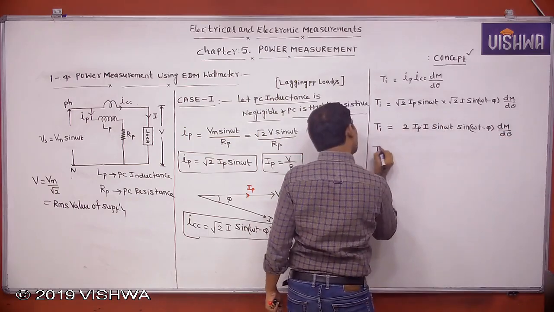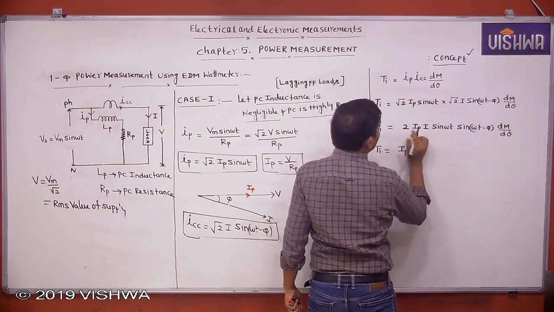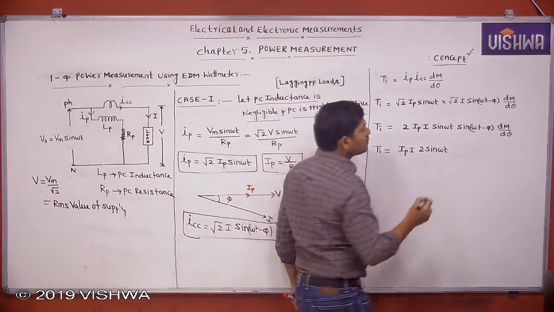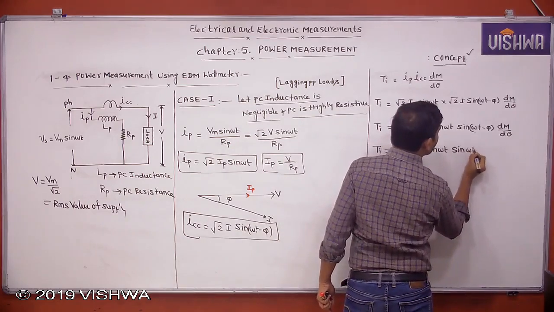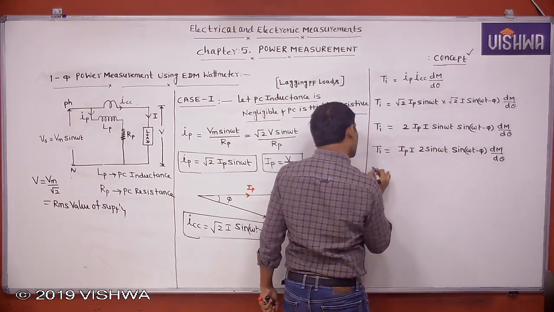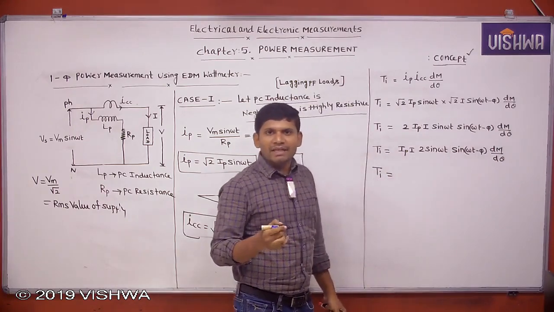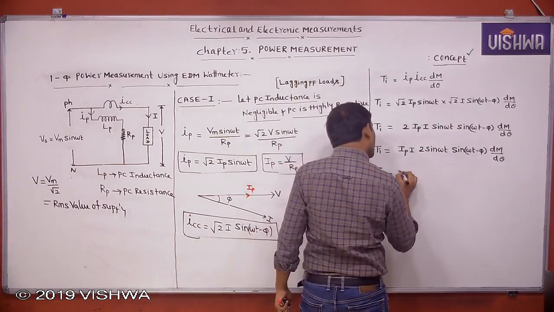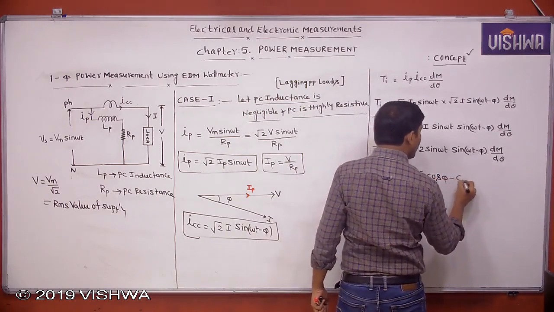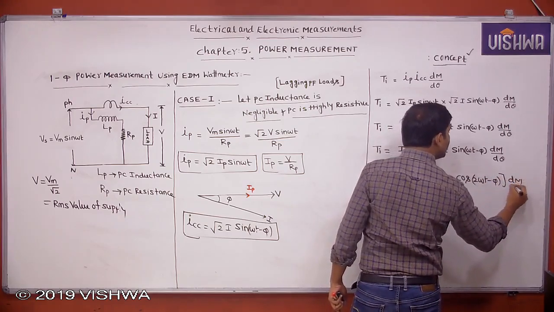Using 2 sin A sin B equals cos(A minus B) minus cos(A plus B), we get T_i equals I_P I [cos phi minus cos(2 omega t minus phi)] dM by d theta.